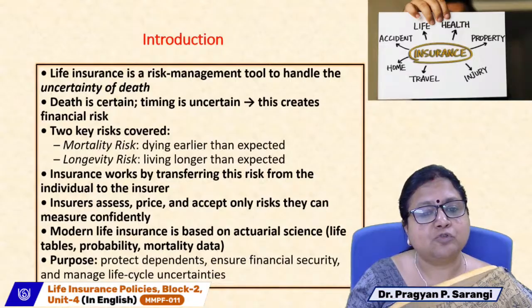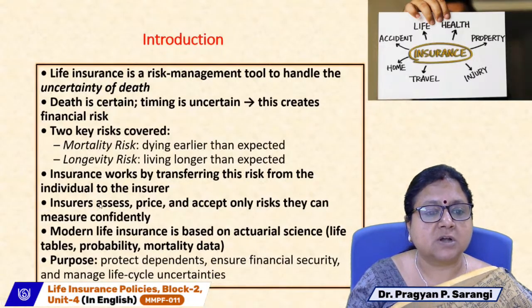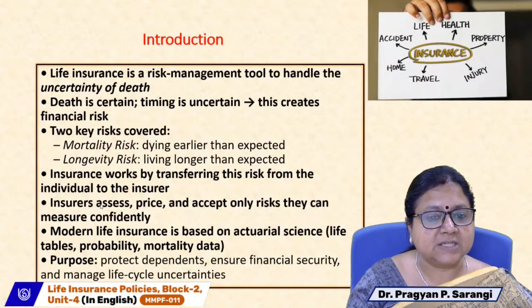And of course, they have to measure the risk which they are going to cover. So the insurance company's job is to assess the price, and they accept only the risk which they can measure very confidently before accepting the policy.